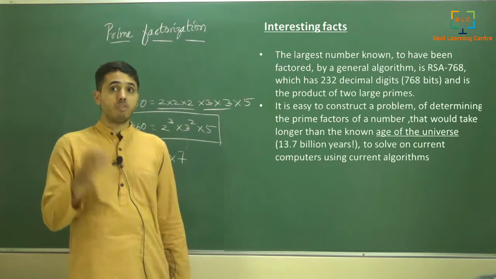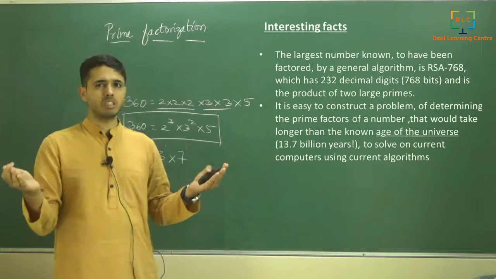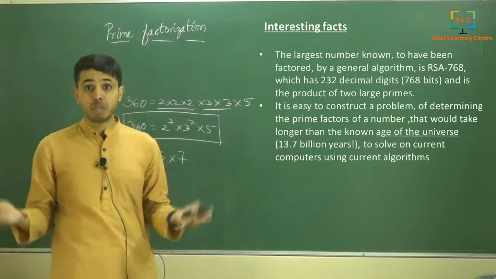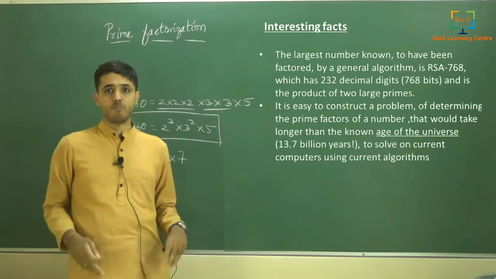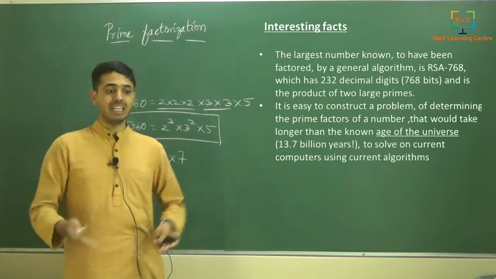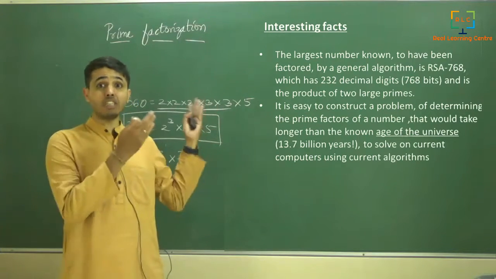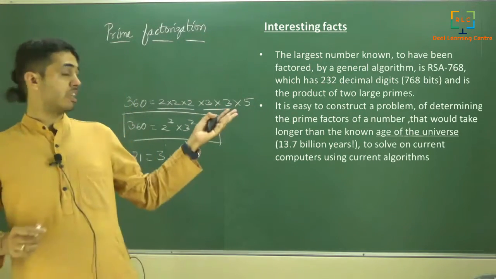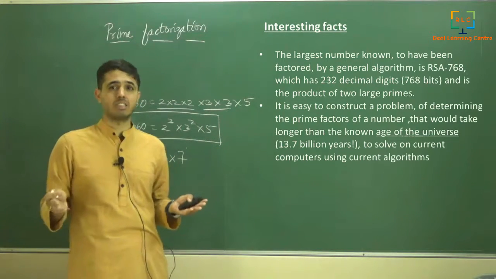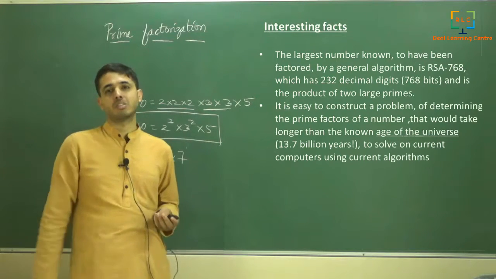Now the task is to find the prime factors of that 1000 digit number, and this task is so complicated that current day big computers, supercomputers, with existing techniques or algorithms to find prime factors will take longer than the age of our universe, that is about 13.7 billion years. More than 13.7 billion years it takes to find the prime factors of such large numbers.